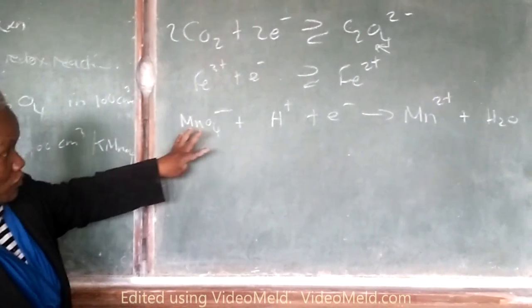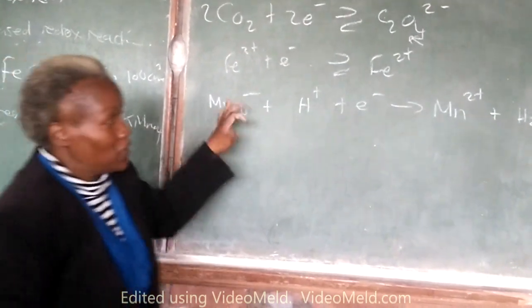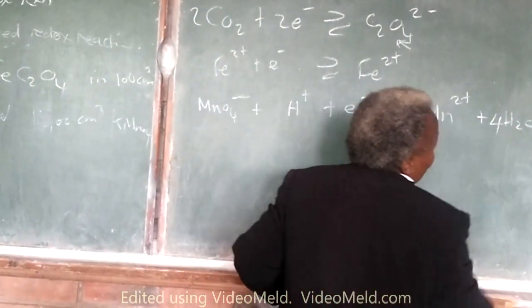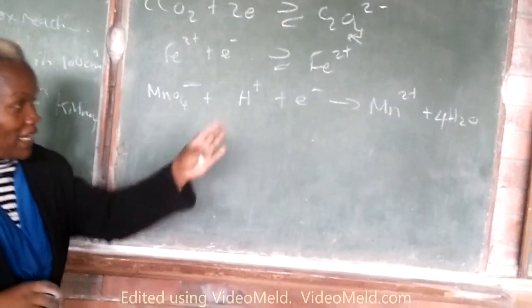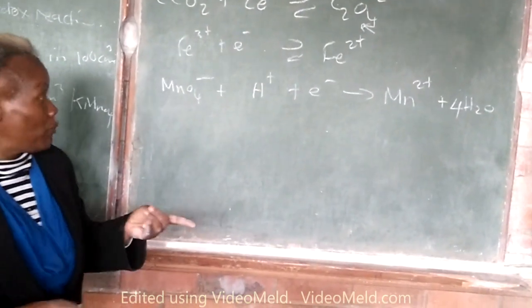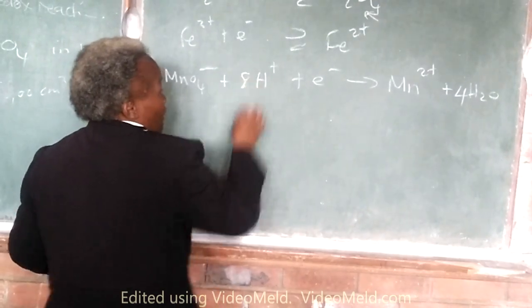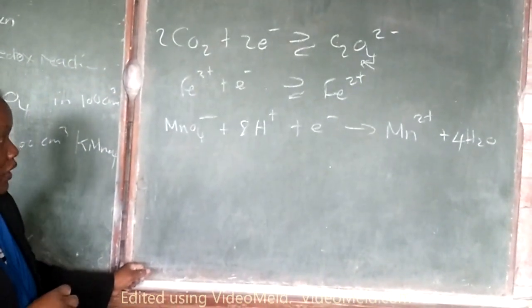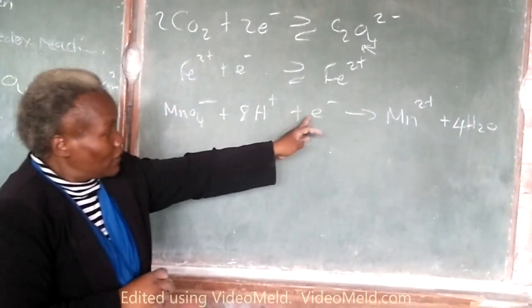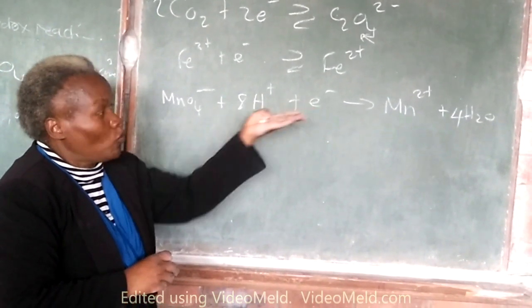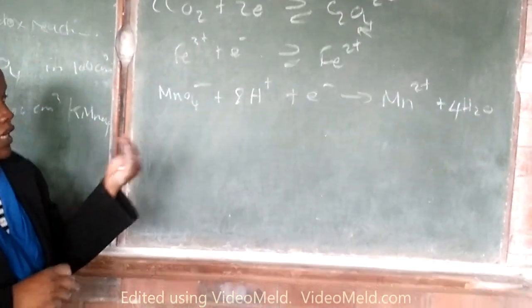We have 4 oxygens, so I need 4 moles of water, so that I end up with 4 oxygens. But in the process, I end up with 8 protons, so I add 8 there. And then for the electrons, I have 2 possible ways of determining how many electrons we need.